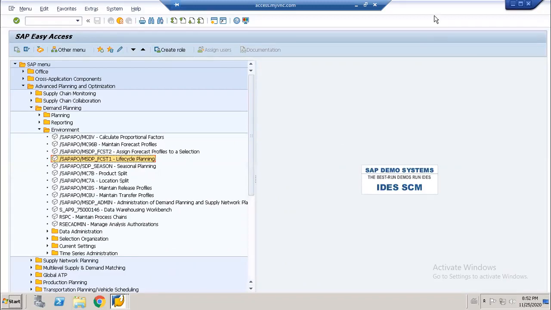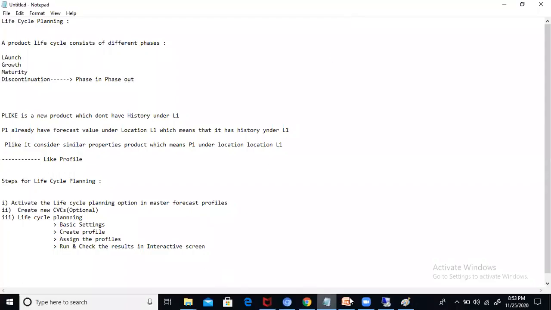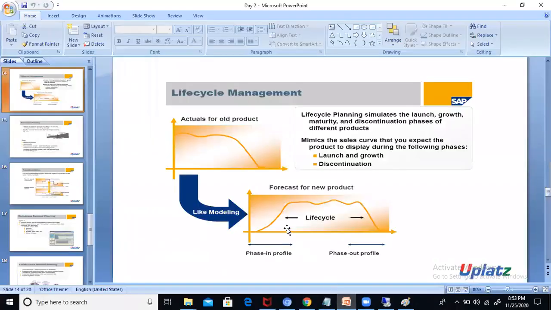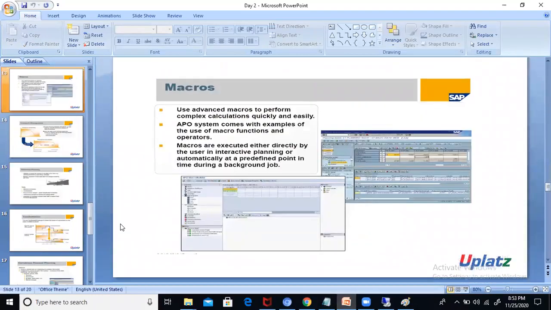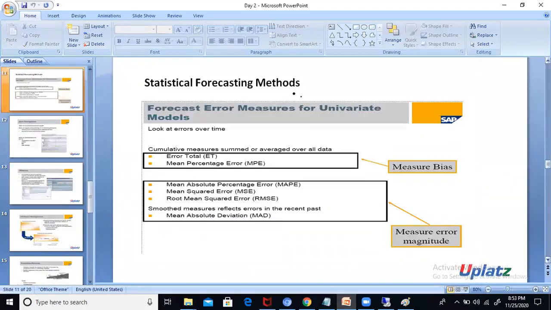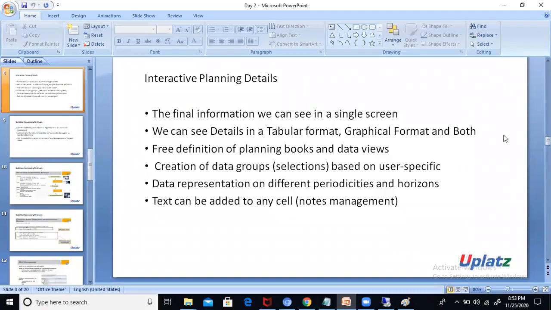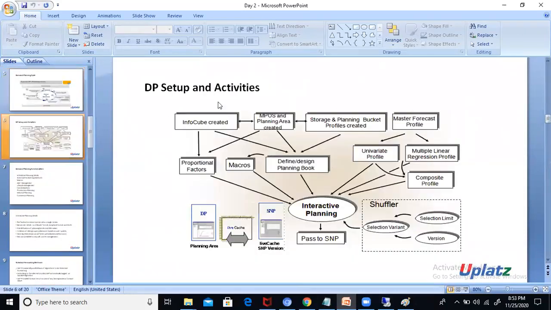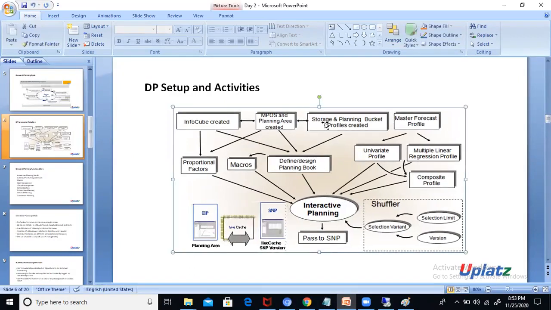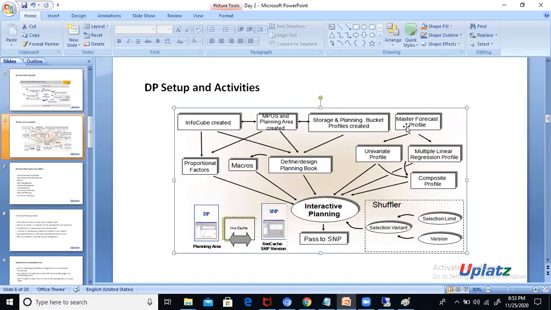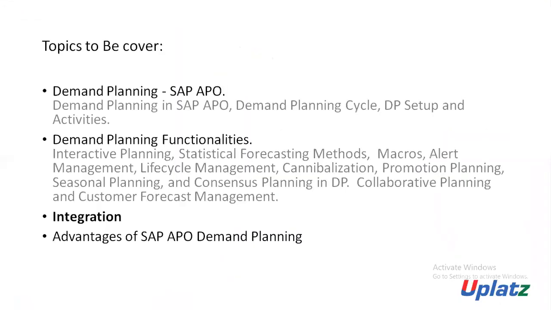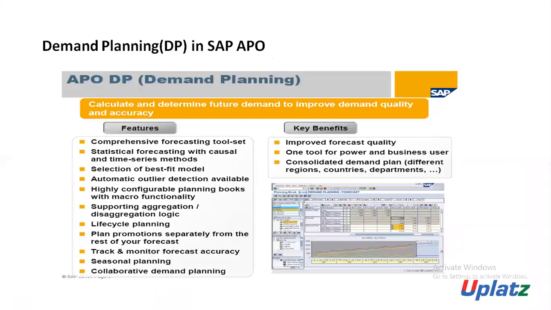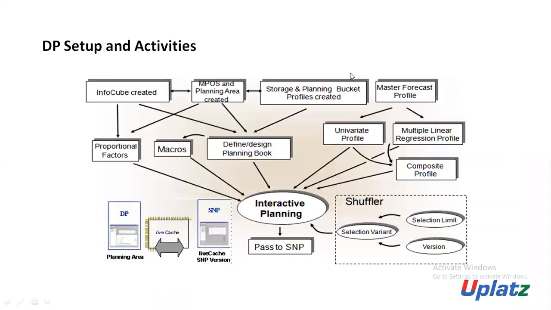Now let's come to the remaining topics. What we missed is this. Till now we covered MPOS, storage bucket profile, and master forecast profile.